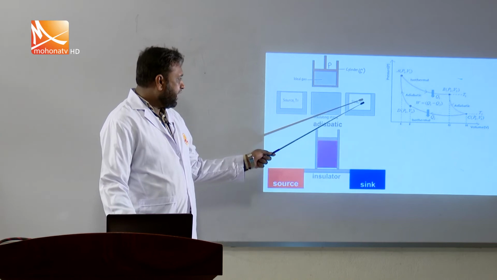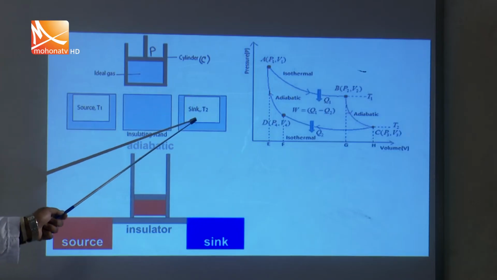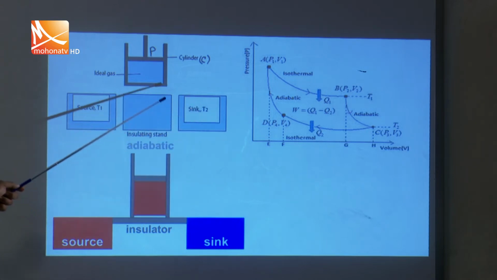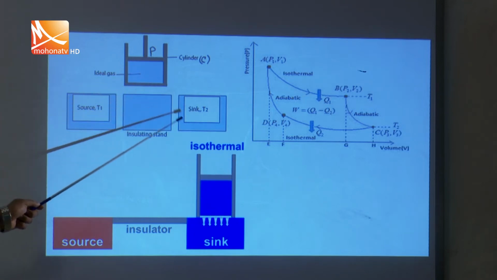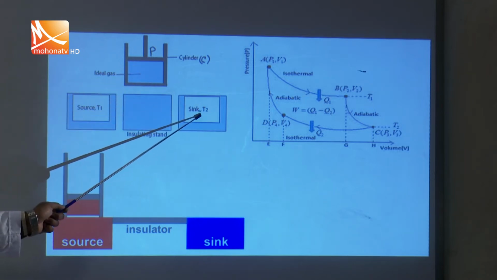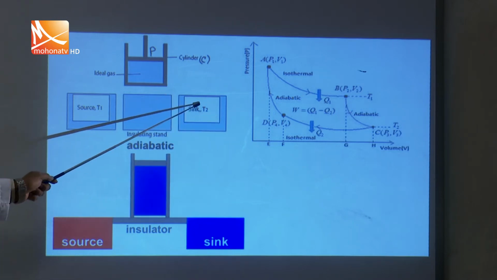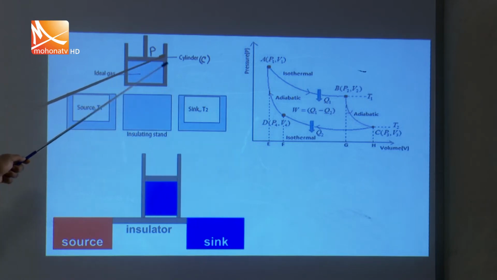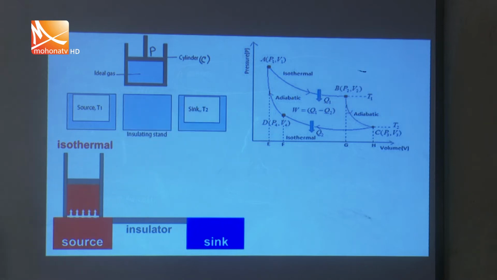Now, again, the cylinder is moved from the insulating stand to the sink. After some time, the temperature of the gas becomes that of the sink, T2, and in this process the volume of the gas decreases.